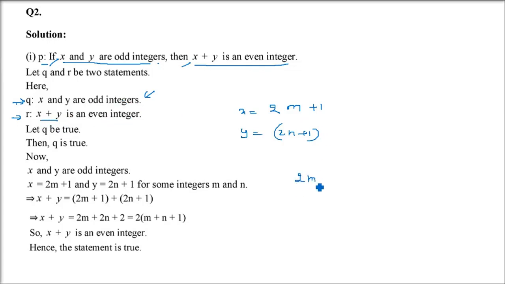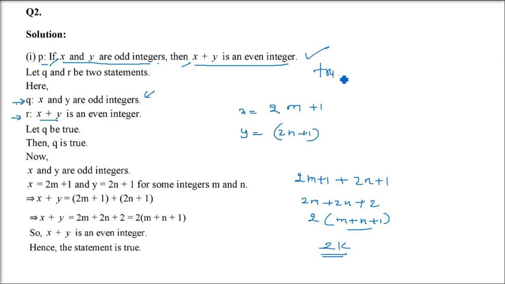If it is an even integer, this statement is true, otherwise it is false. So 2m plus 1 plus 2n plus 1 gives you 2m plus 2n plus 2. Now you can take 2 common: m plus n plus 1. m plus n plus 1 is also an integer, you can take it as k. So now x plus y is an even integer. So this statement is true.